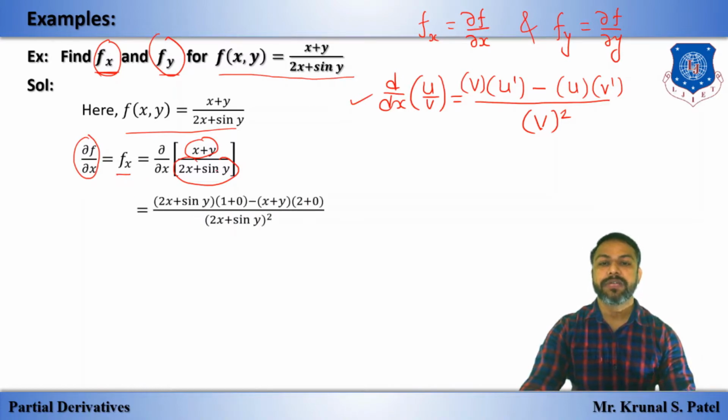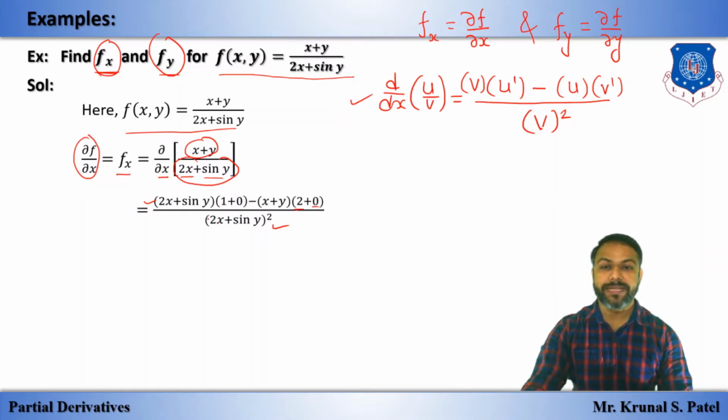So we have the denominator squared, denominator as it is, and del by del x of the numerator: differentiation of x is 1 and differentiation of y is 0, minus numerator as it is, and del by del x of the denominator, that means differentiation of 2x will be 2, and differentiation of sin y is 0.